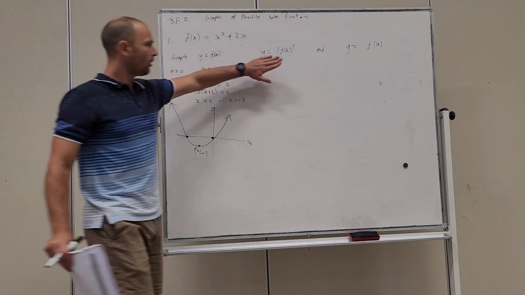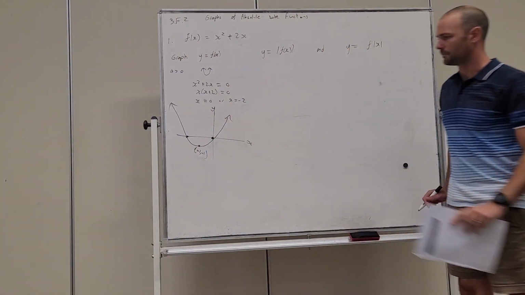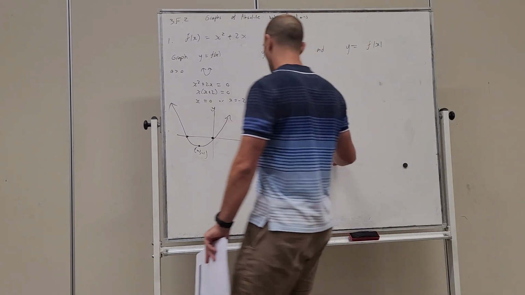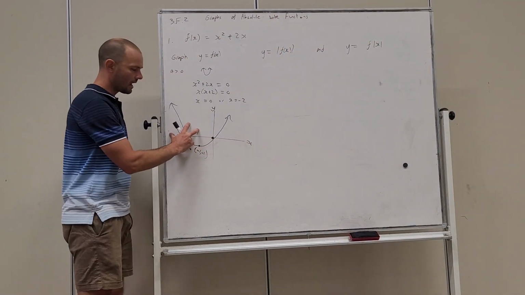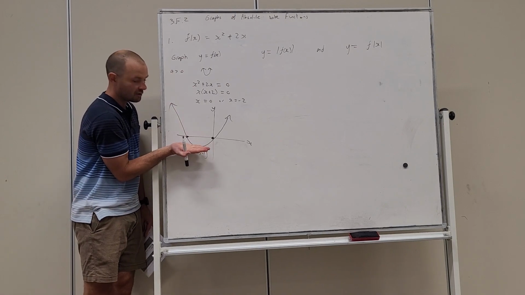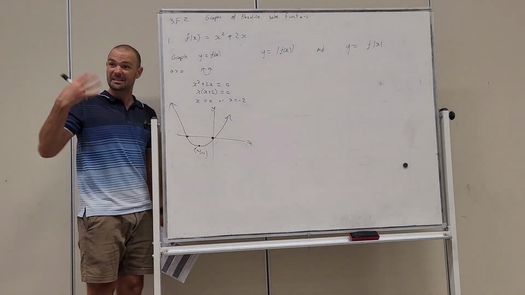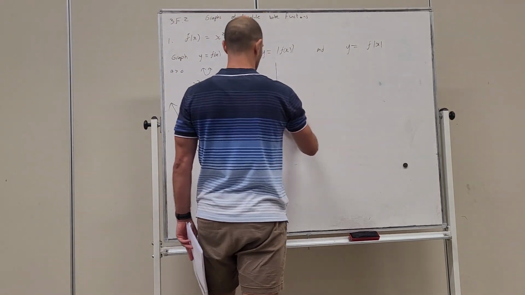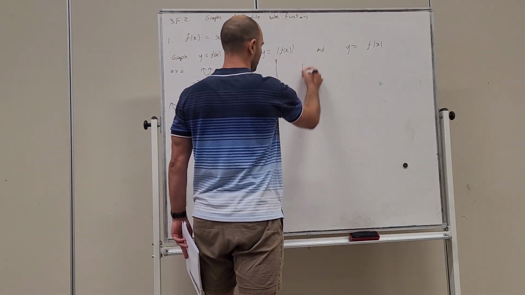Now, for the modulus function, you can read the dot points if you want to, and it can be useful to consider it. But all you're doing on this graph is making every negative value become positive and keep its magnitude. So that means, I'll draw my axis over a little bit more.